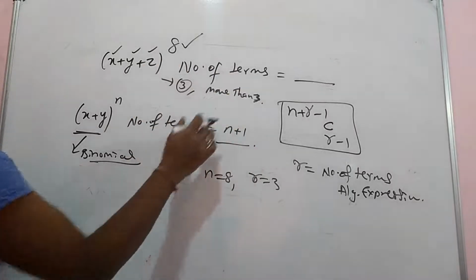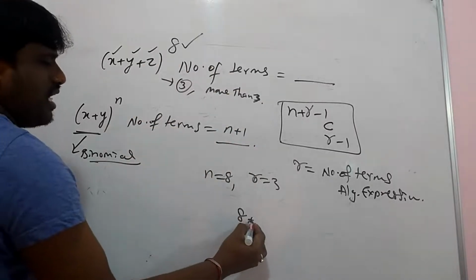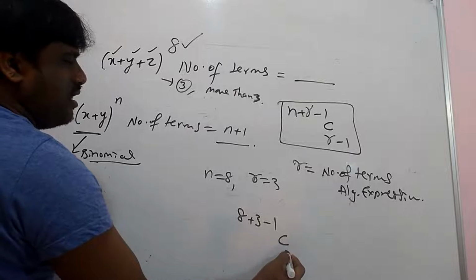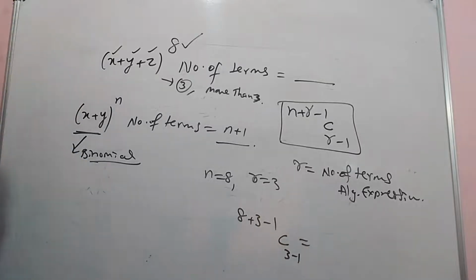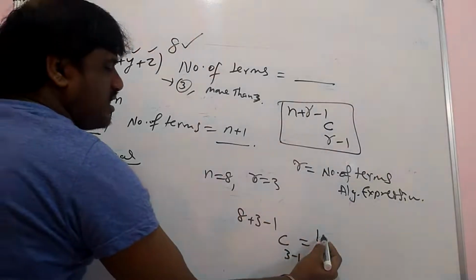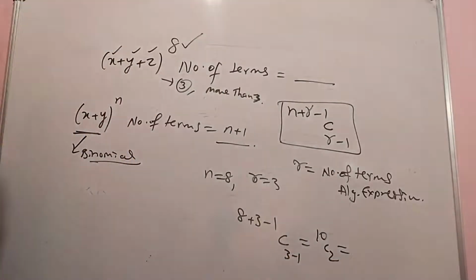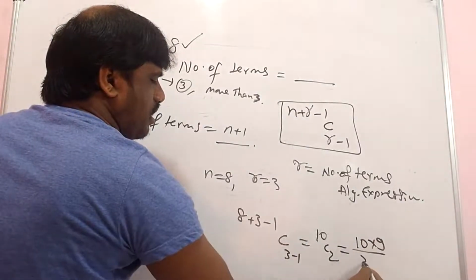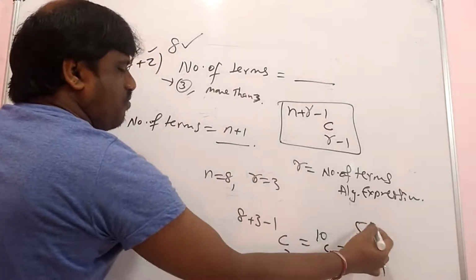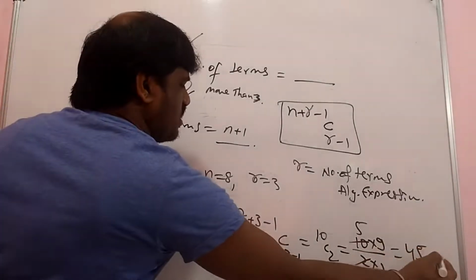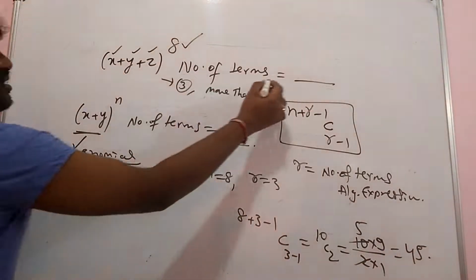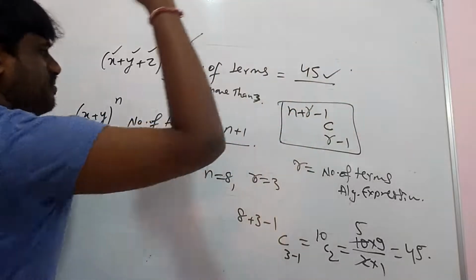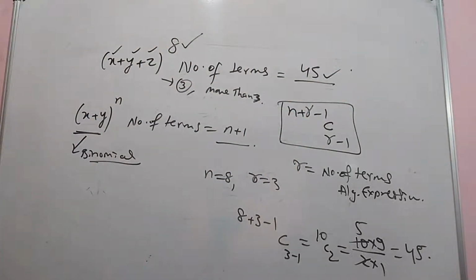Substitute in this and you get the number of terms: 8 plus 3 minus 1 C 3 minus 1, that is 11 minus 1, 10 C 2. This can be written as 10 into 9 divided by 2 into 1. 2 fives are 10, 9 fives are 45. So the number of terms in the expansion is 45.